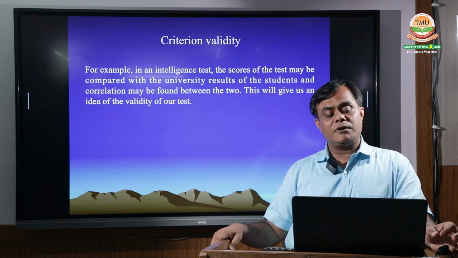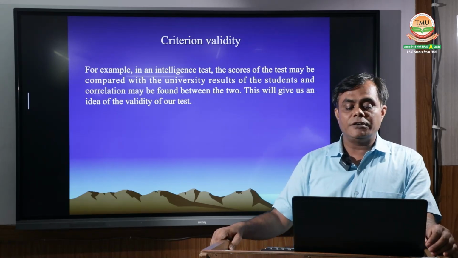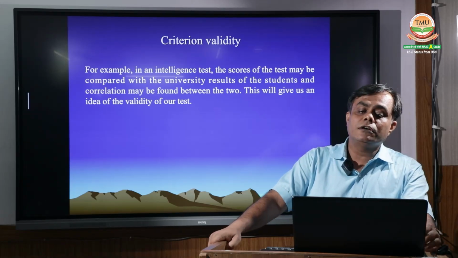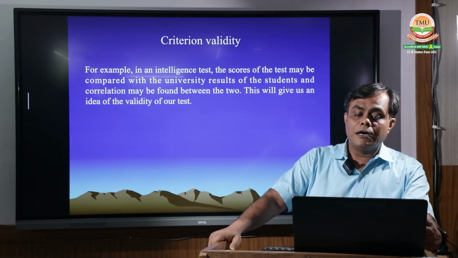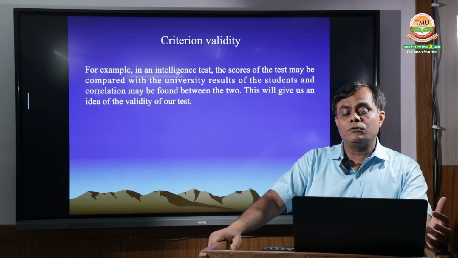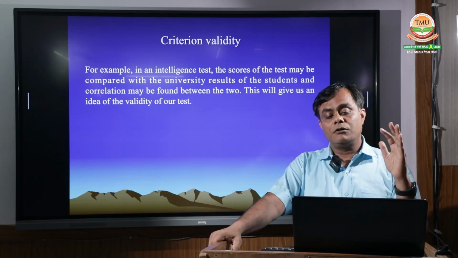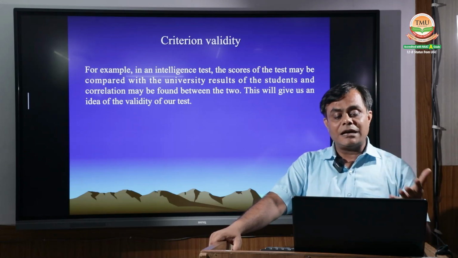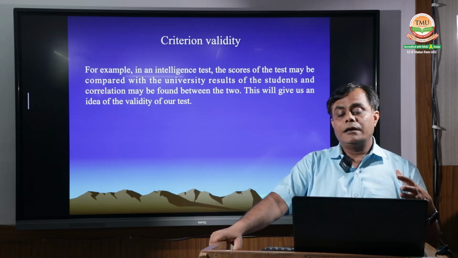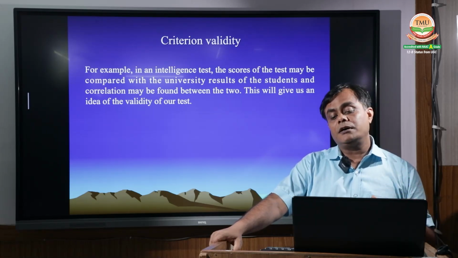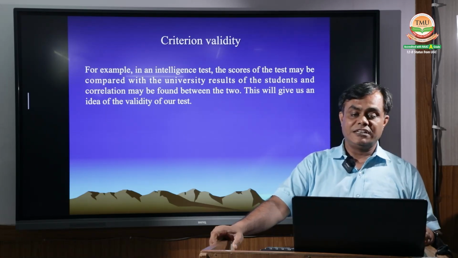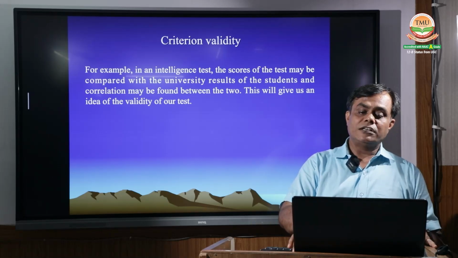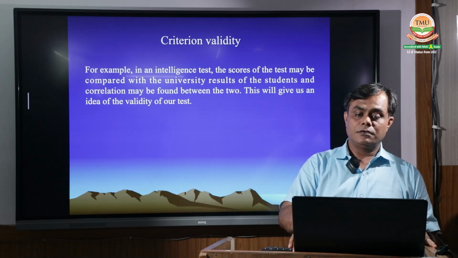This will give us an idea of the validity of our test. So here we are correlating one test with the university test, and on that basis we are understanding the validity of the test.